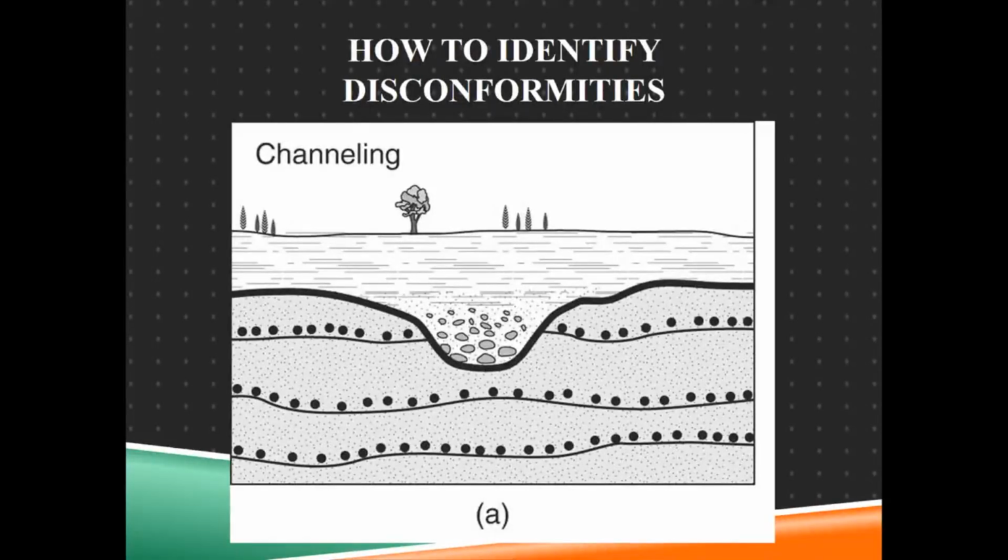So I said disconformities are the hardest to identify. There are some things that you can pick out sometimes that'll help, such as ancient river channels. The sediment in the bottom of a river is pretty distinctive. There's rocks and sand and silt in a certain way.